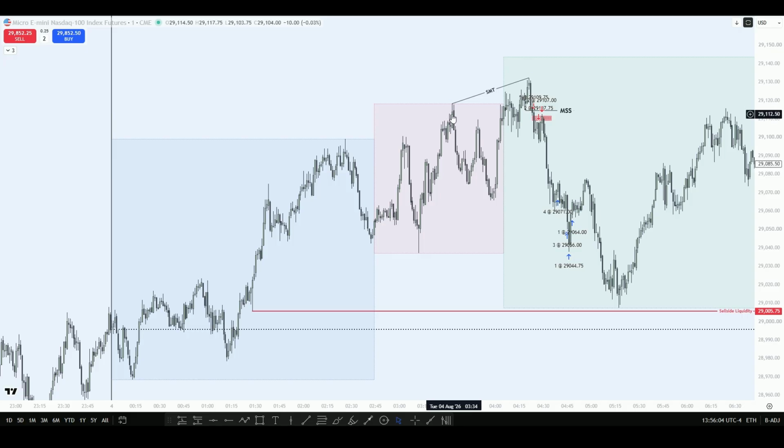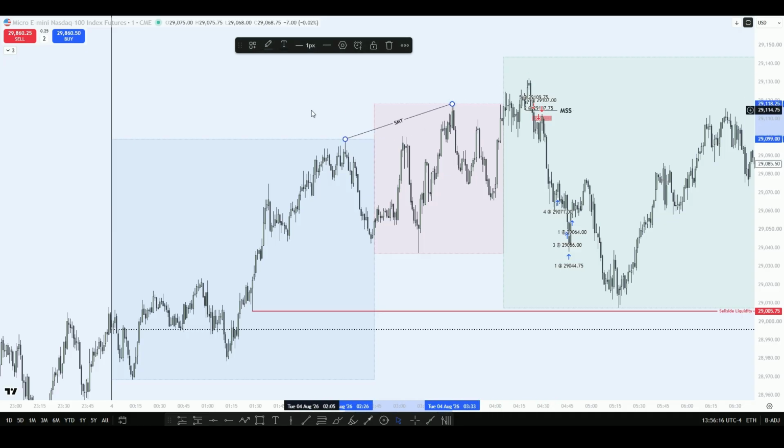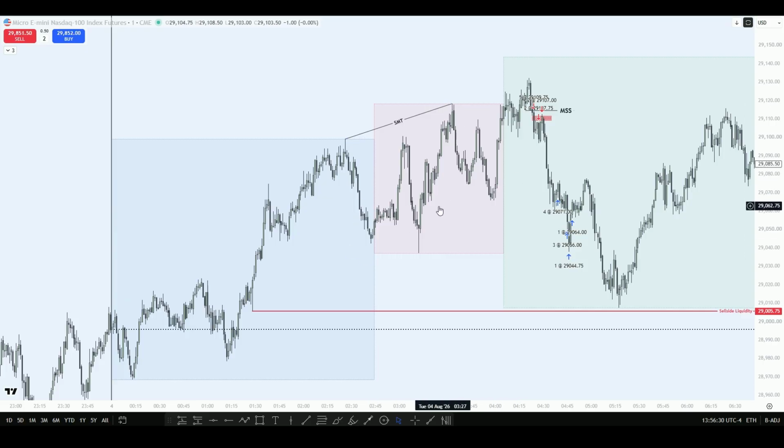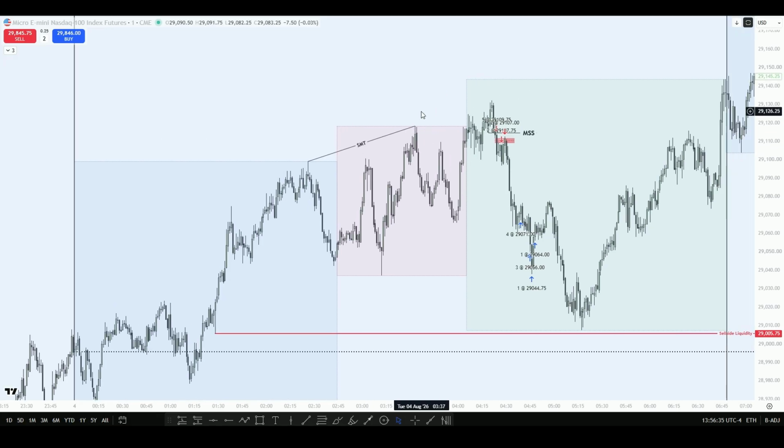reversal during London, but in this case it was a fake move, because even though time agreed and there was an SMT here, that's why I'm saying also once again, SMT is a confluence, it's not the mother of all trades. Okay, it's just a confluence. It increases the probability in your favor, but also time and price are important. Okay, so we had the SMT, but what key PD array should we be looking for when hunting for setups?